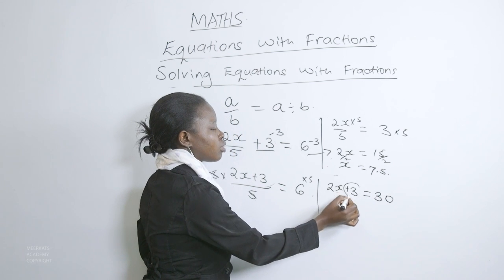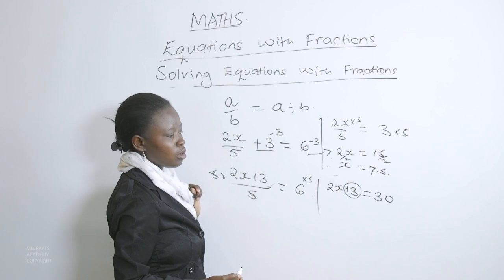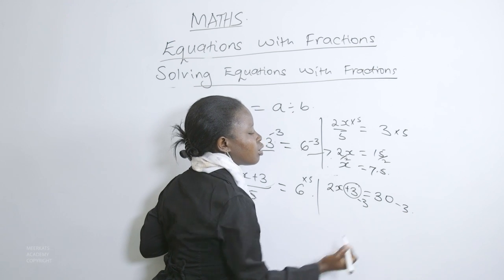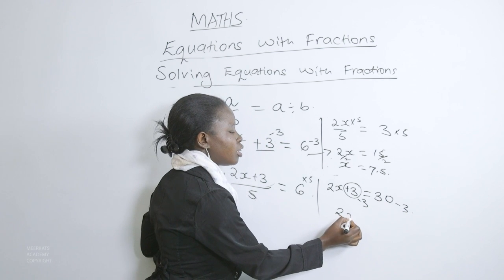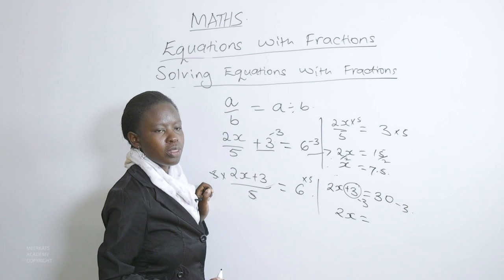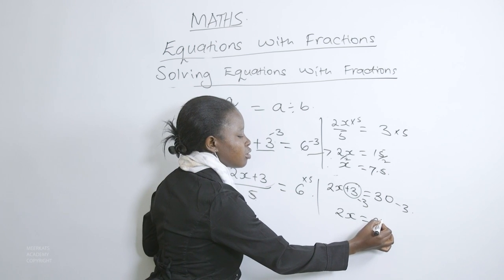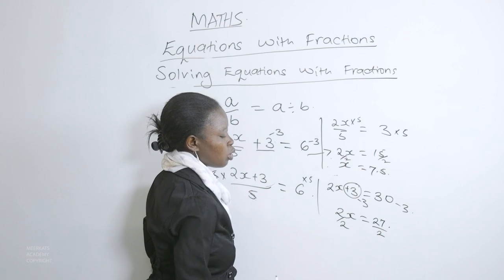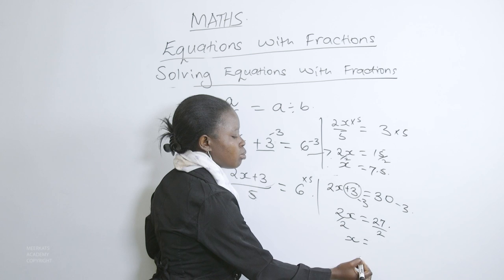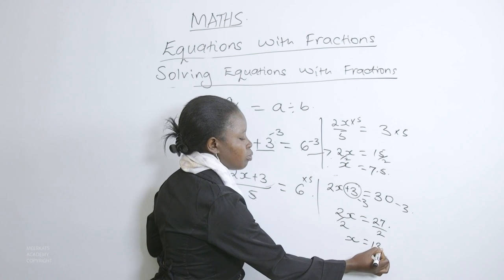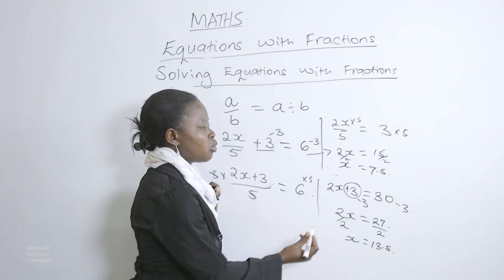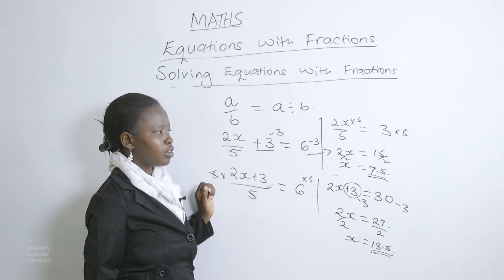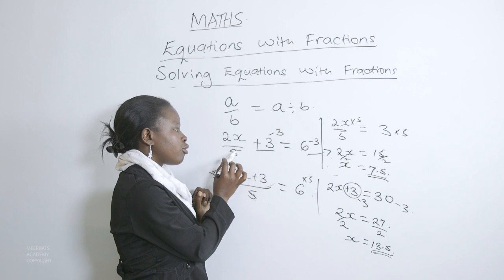Then the next step is to subtract 3 on both sides, so we have minus 3 on the left-hand side and minus 3 on the right-hand side. We obtain 2x equal to 30 minus 3, which gives us 27. Then x is obtained by division by 2 on both sides, and the value of x is 13.5.